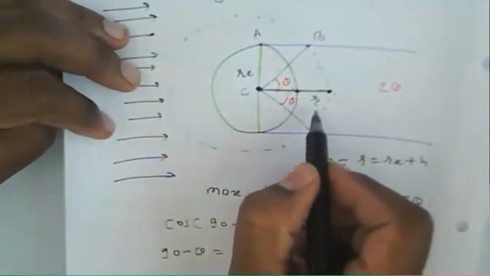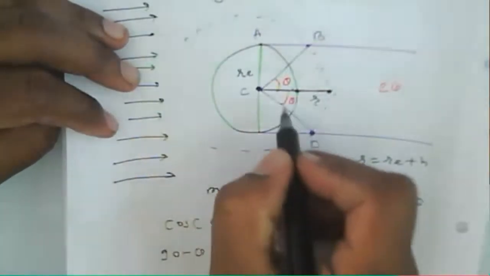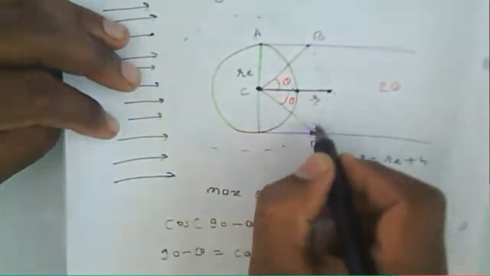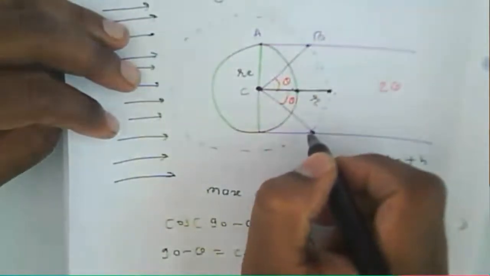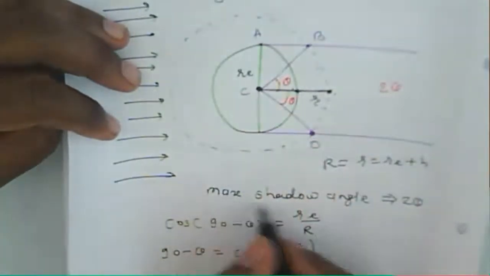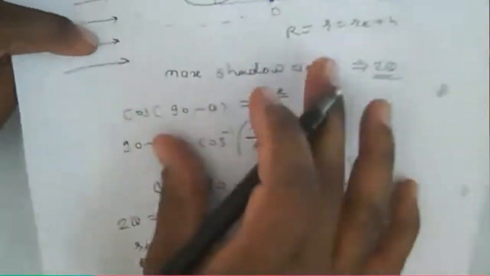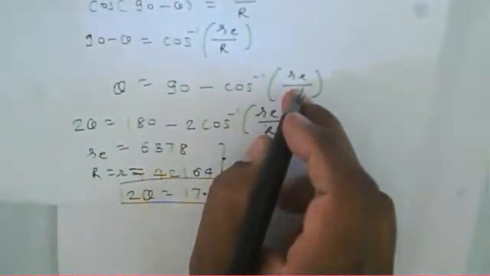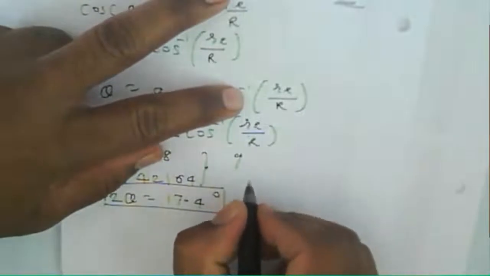So in that 24 hours, out of that 360 degrees, it covers 17.4 degrees, which is the maximum shadow angle, twice theta.